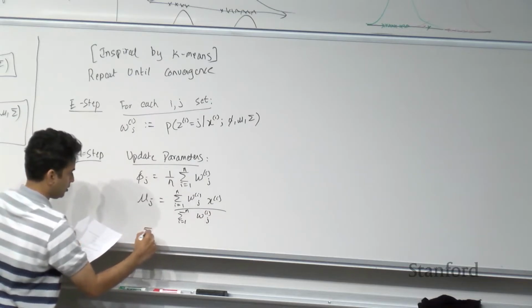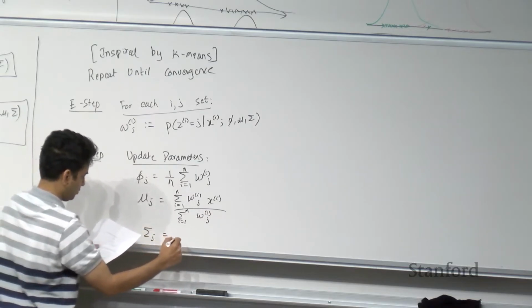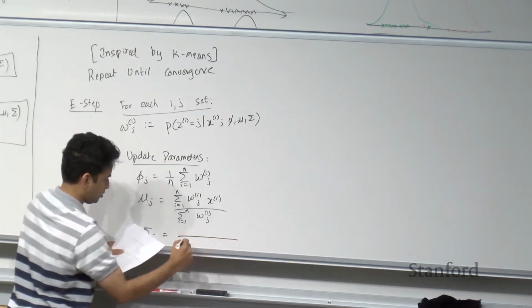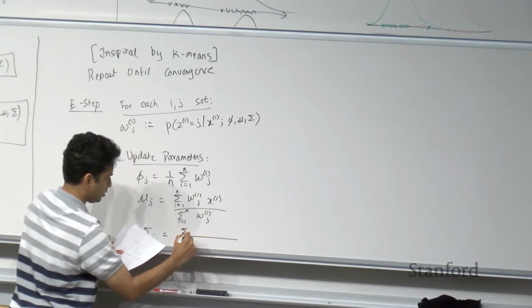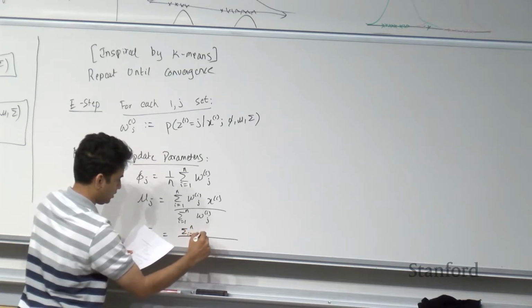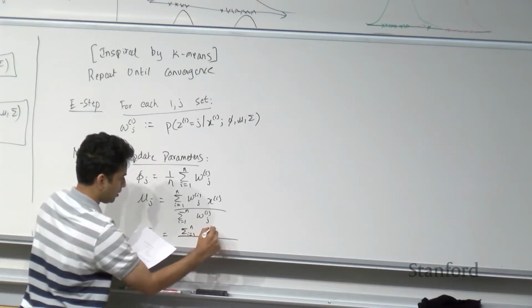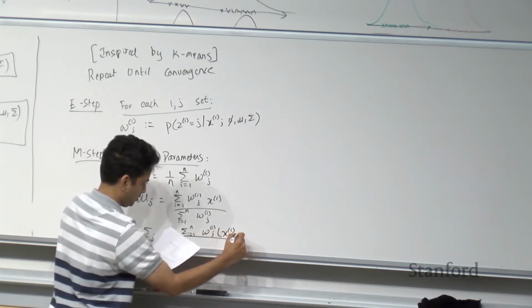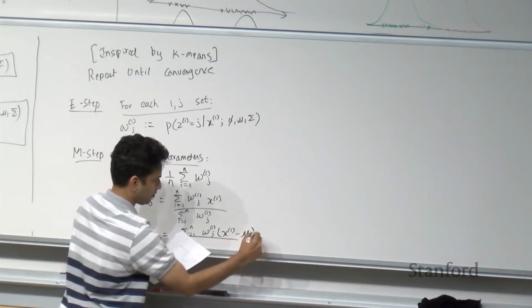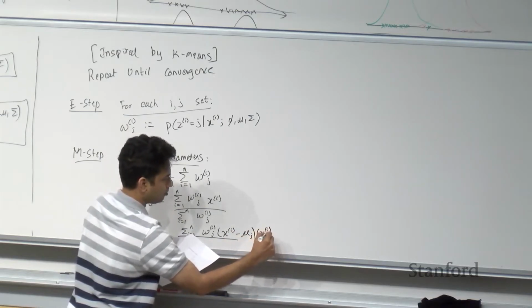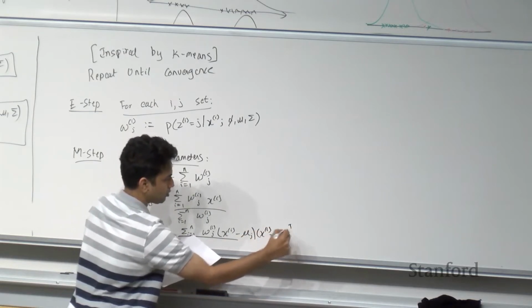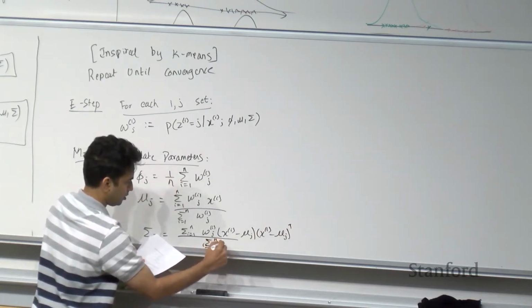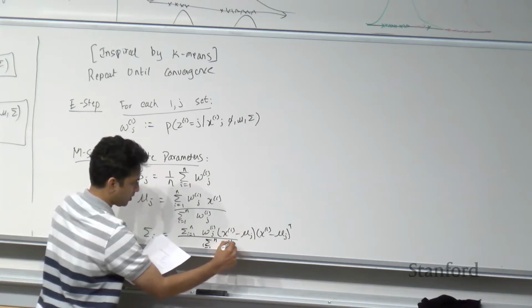And sigma j is equal to sum over i equals 1 to n W i j times xi minus mu j, xi minus mu j transpose, divided by sum over i equals 1 to n W i j.